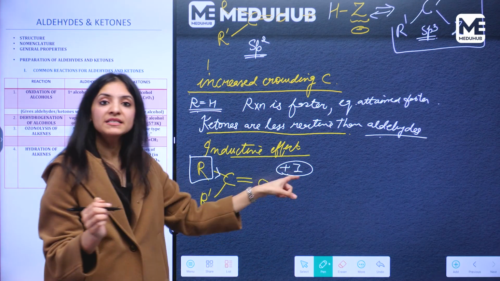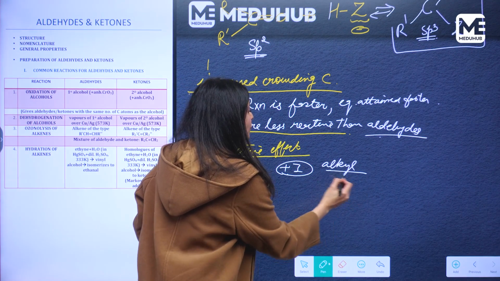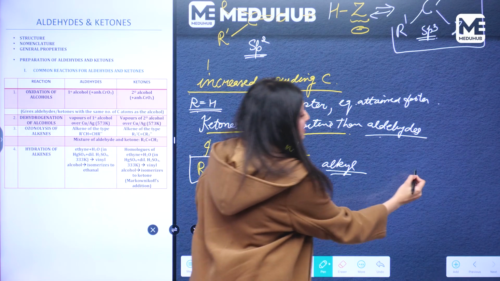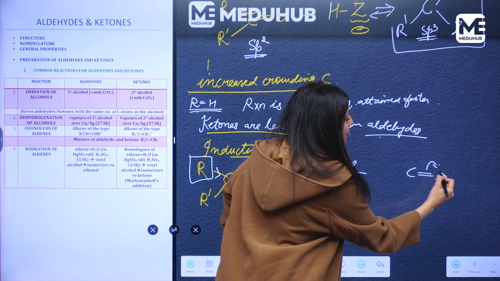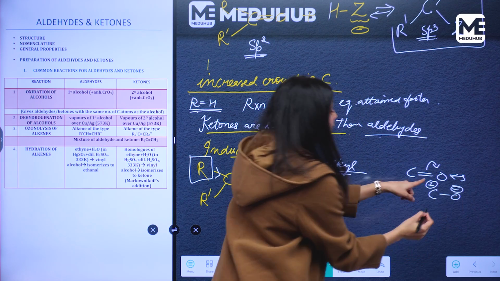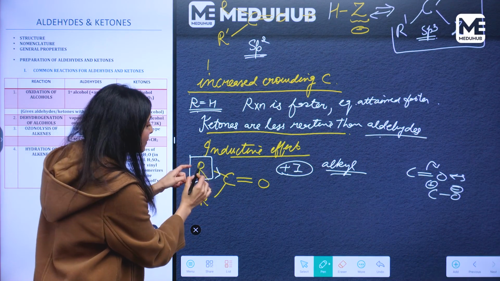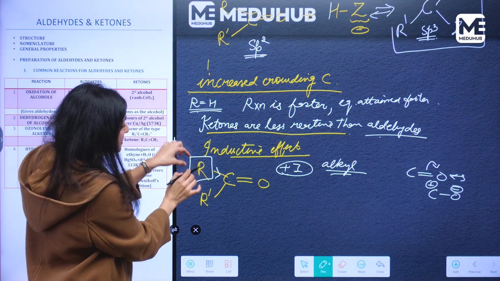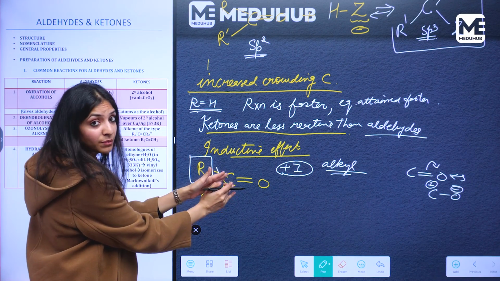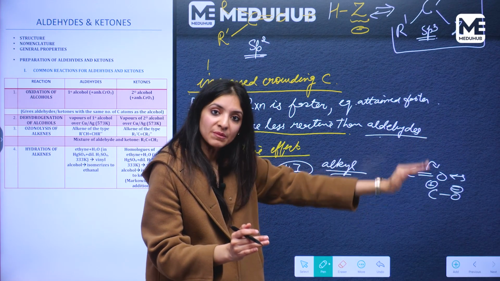What happens due to the plus I effect of this alkyl group? The positive charge on this carbonyl carbon, which is due to the resonance, positive and negative, is somewhat redistributed or diffused between these carbons. Because this has a strong plus I effect, it pushes its electrons towards this carbon, and hence this positive charge is nullified to some extent.